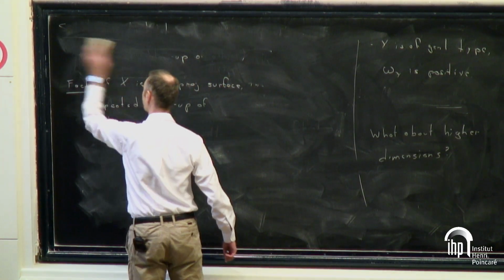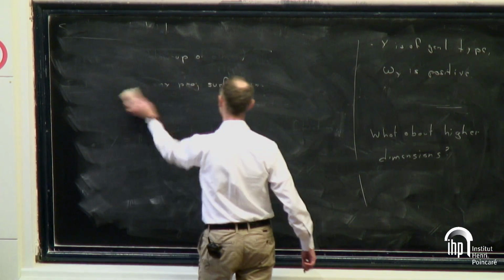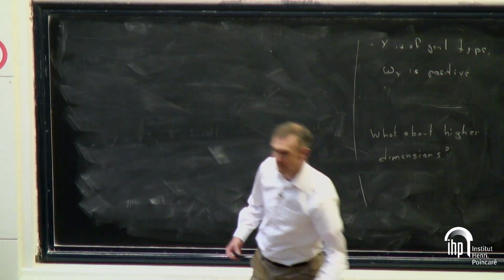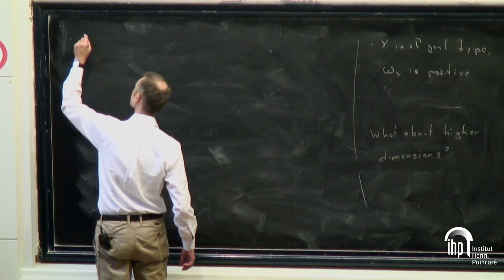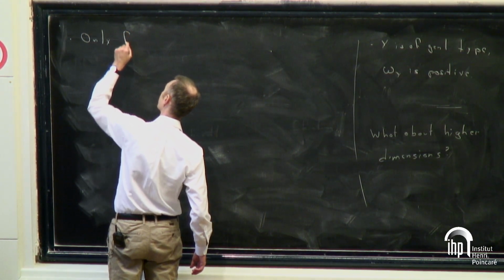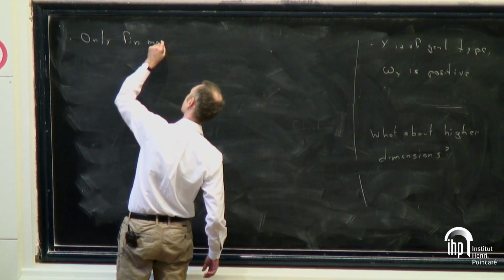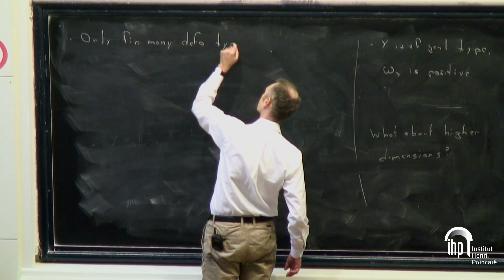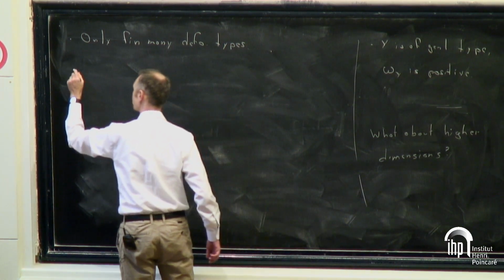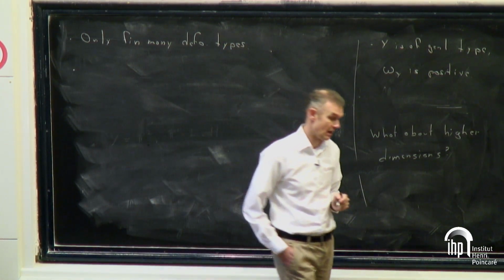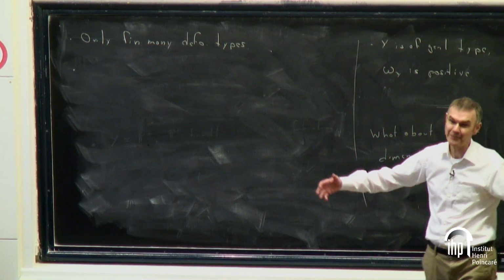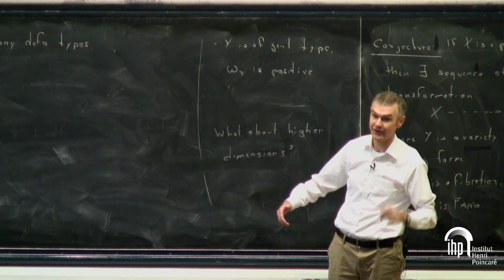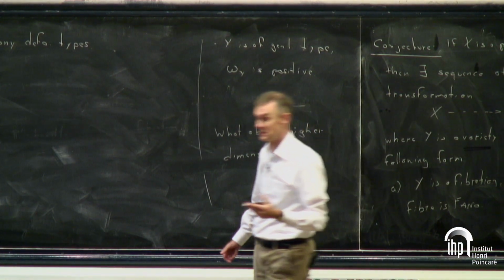Consequences are there are only finitely many deformation types, or there exists one big projective space such that every d-dimensional Fano variety lives in there.